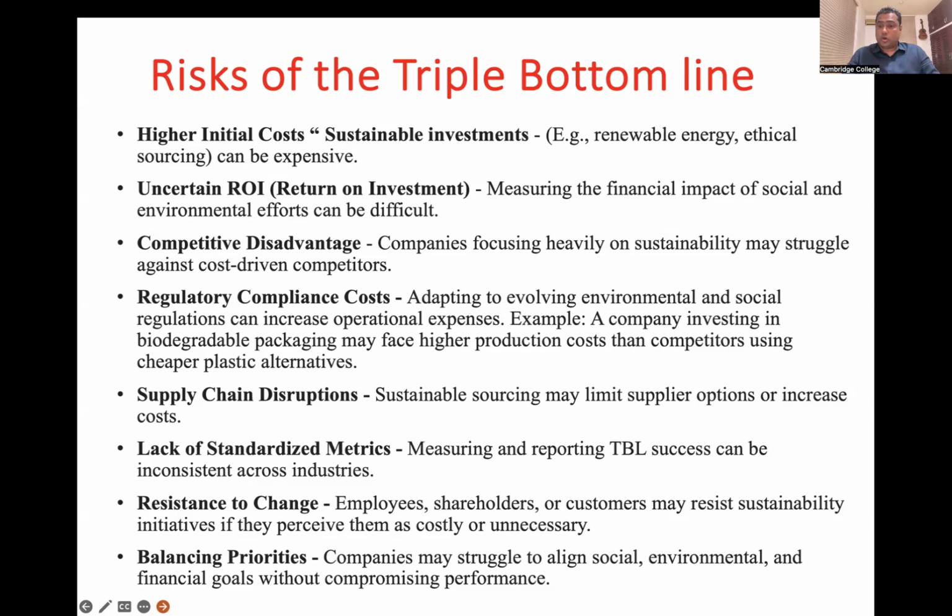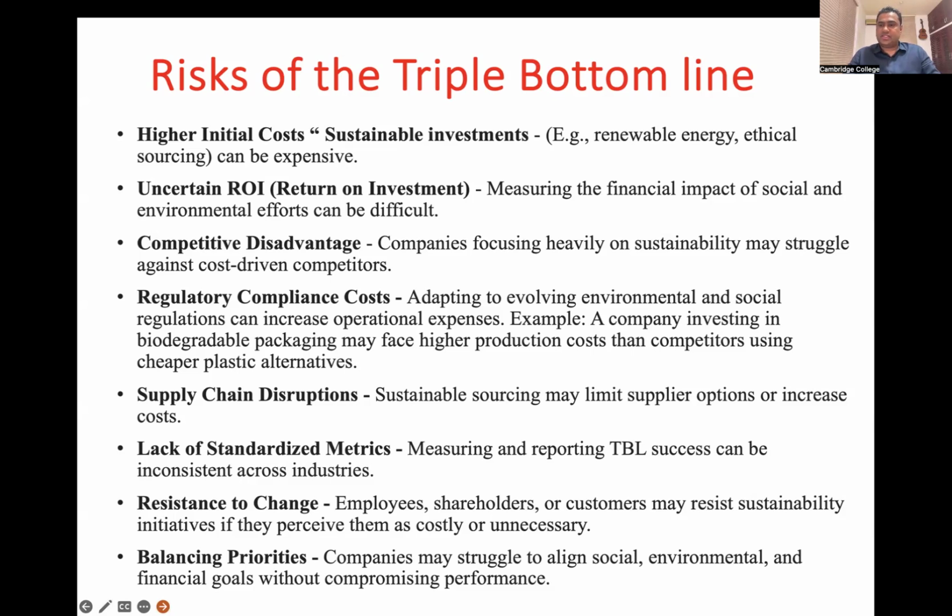Regulatory compliance costs. This is a problem as well. Supply chain disruptions: sustainable sourcing may limit supply options or increase costs. This is a big problem. Lack of standardized metrics: measuring and reporting triple bottom line success can be inconsistent across industries.